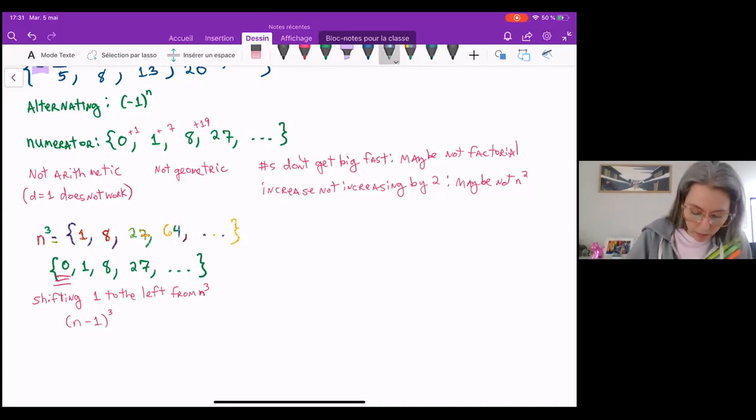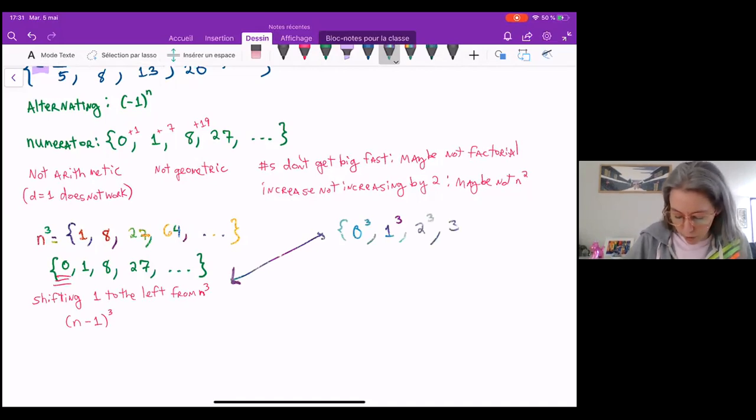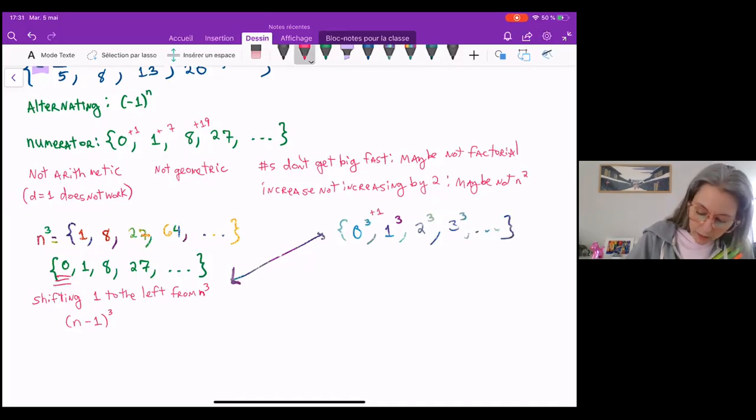But another way to think about this, if you're having trouble with the shifts, would be to write these numbers as cubes. So I could say 0 cubed, 1 cubed, 2 cubed, 3 cubed. And notice that the 0, 1, 2, 3 is arithmetic, with an a equal to 0 and a d equal to 1.